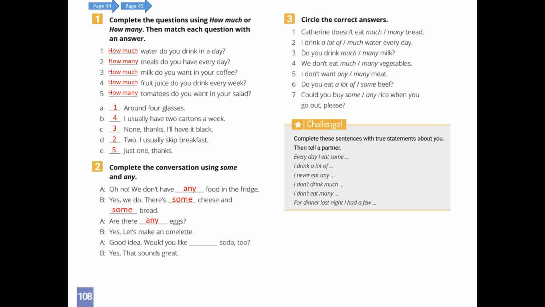Are there any eggs? Or would you like some soda? Number 3, doesn't eat much bread. A lot of water, much milk, many vegetables, any meat, a lot of beef, some rice.